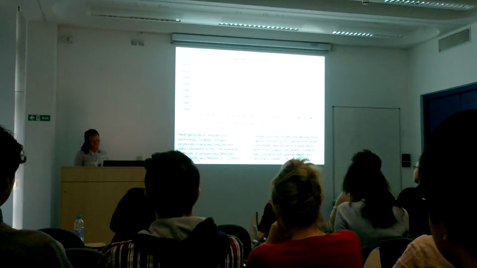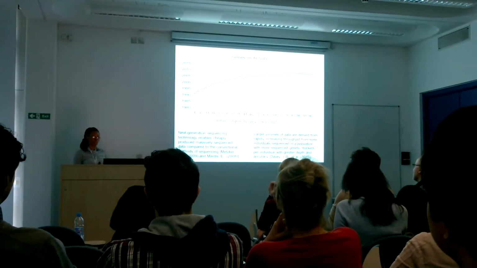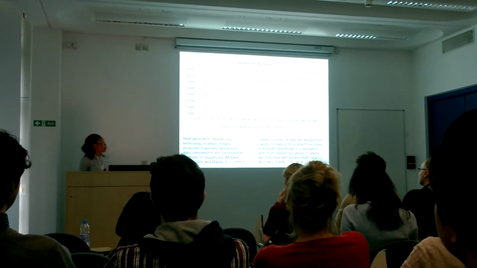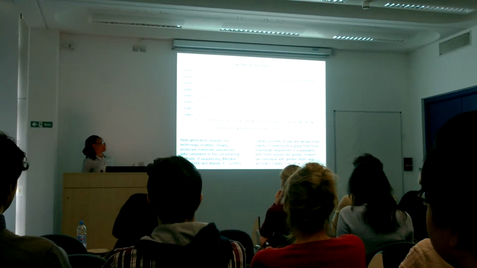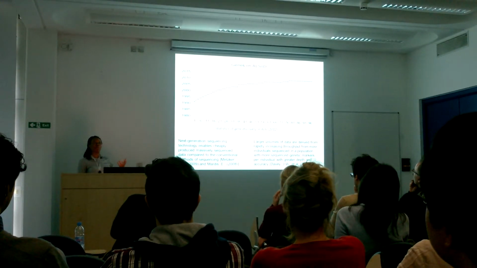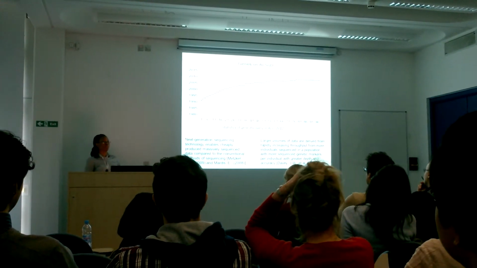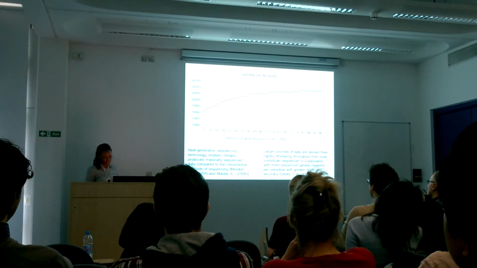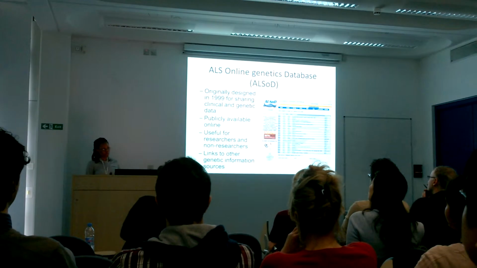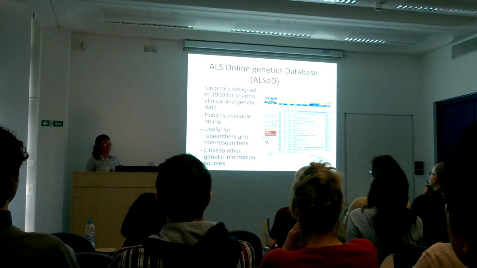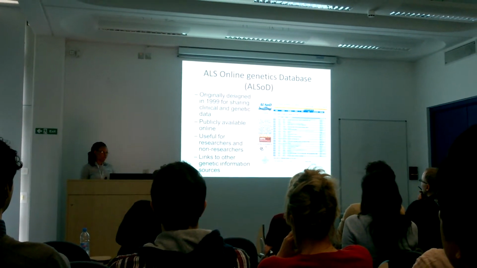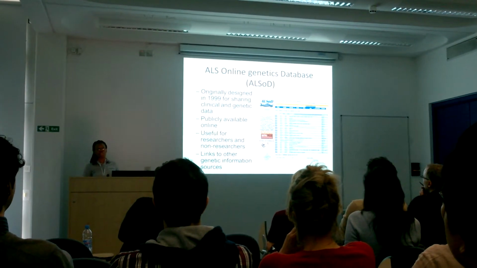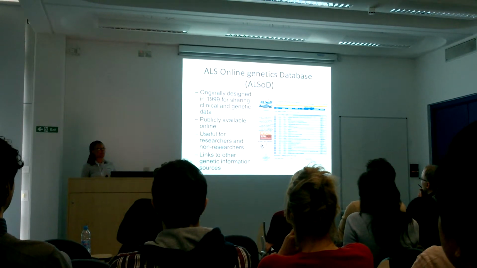And due to the large volume of data produced every now and then, it's important for this genetic data to be put in a repository so they can keep tabs on all of it. And this brought us to the ALS Online Genetics Database, ALSoD, which was originally designed in 1999 for sharing clinical and genetic data. It's publicly available.